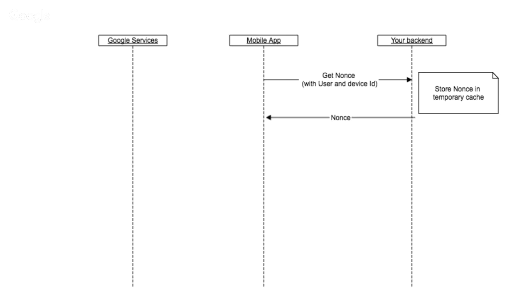Then the nonce is sent back to the mobile app, and our mobile app, using some Play Services API, takes this nonce and requests attestation. Attestation means that we want Google services to check our device, whether it's passing the CTS test.